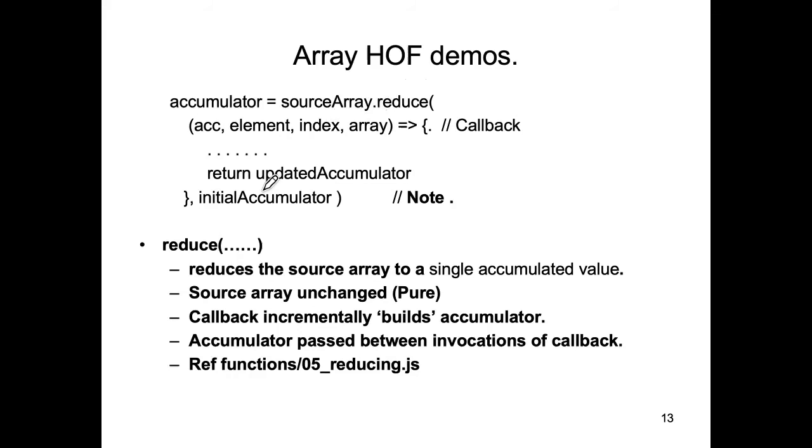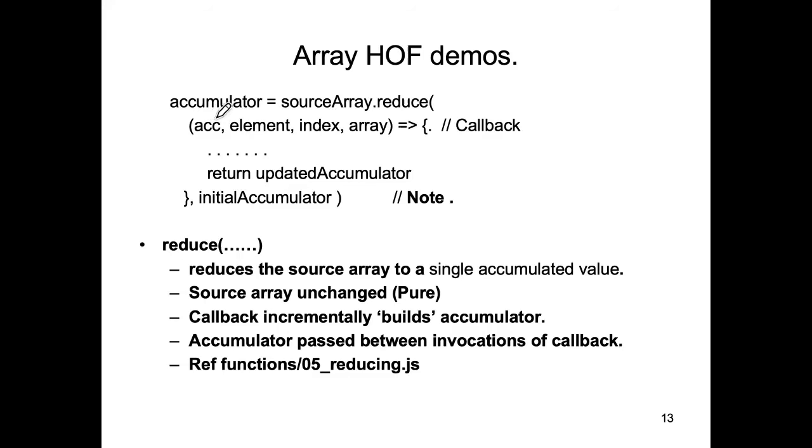But in terms of the overall parameters that you pass to reduce, you pass it a callback, and the purpose of the callback is to update the accumulator. And you also pass it the initial value for the accumulator. The way reduce works is it starts off with this initial value for the accumulator. It passes that initial value by means of the first argument to the callback.